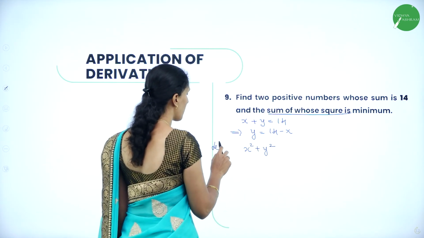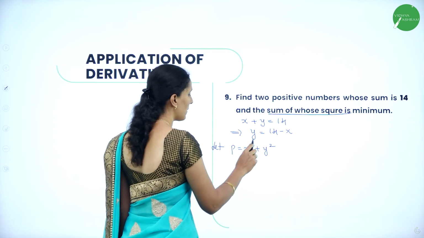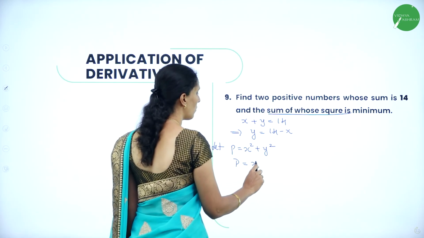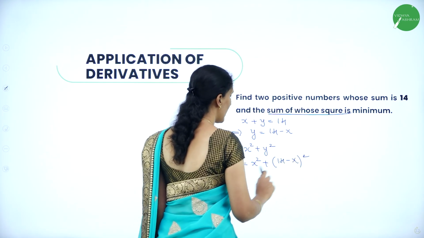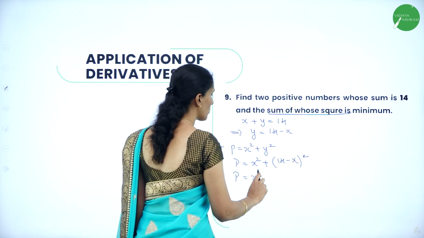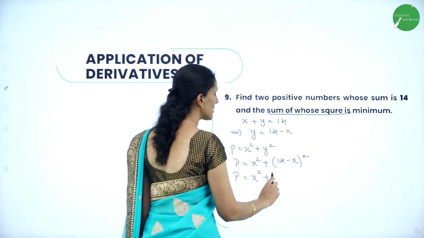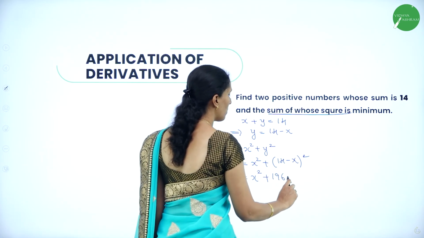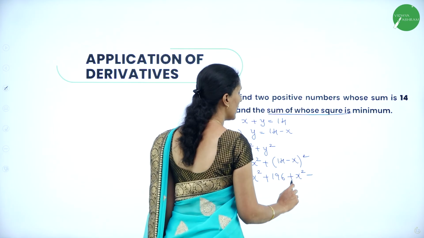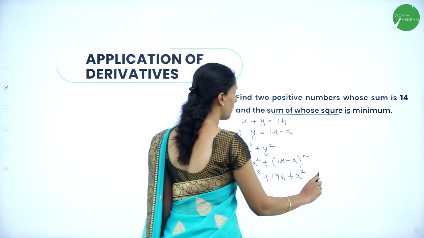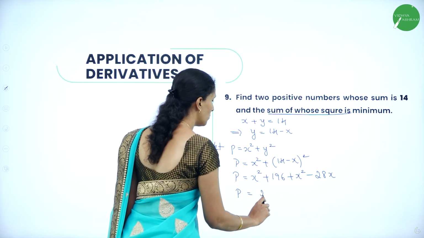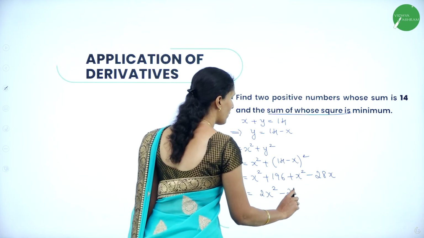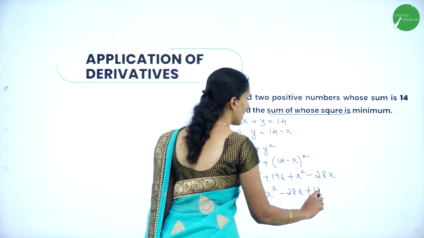So let p is equal to x square plus y square, means p is equal to x square plus 14 minus x whole square. Expand this: x square, so 14 square is 196, plus x square, minus 14 twos are 28x. So therefore p is equal to 2x square minus 28x plus 196.